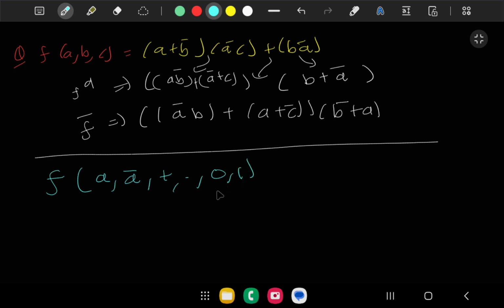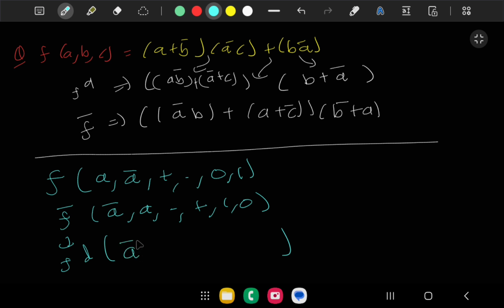If you already have f complement or f dual, if you already have f complement like this, then how to find f dual? Just the literals you have to change or complement, right?